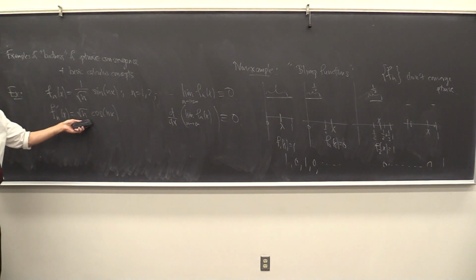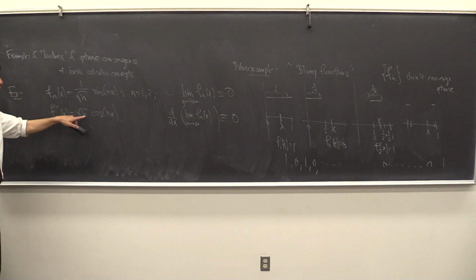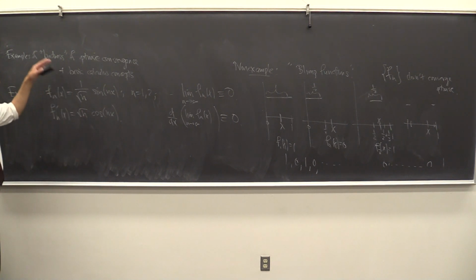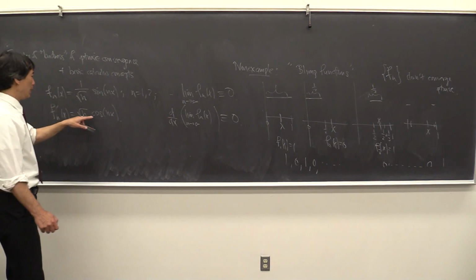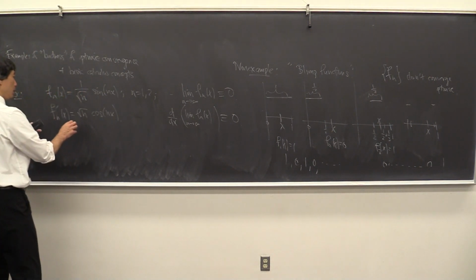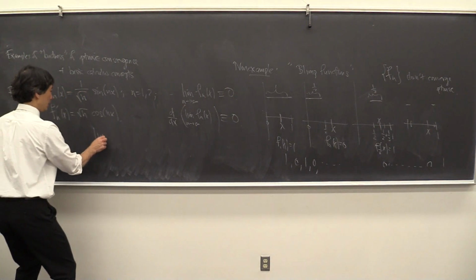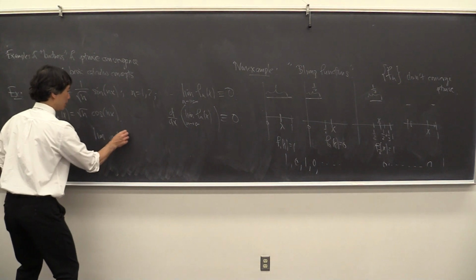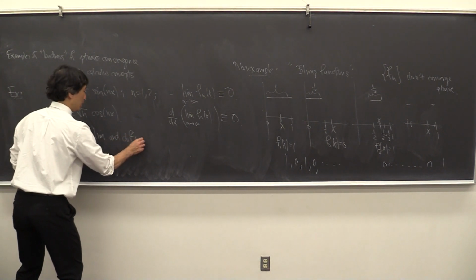Then I don't get the 0 function. Very much no. As n goes to infinity, I get this huge function here. So what you see is that the limit and differentiation don't commute.